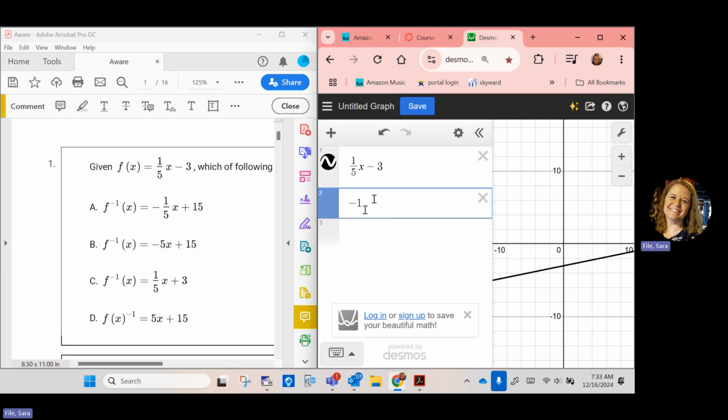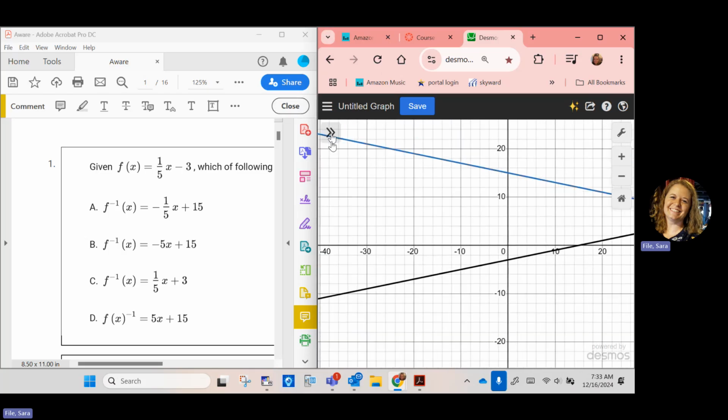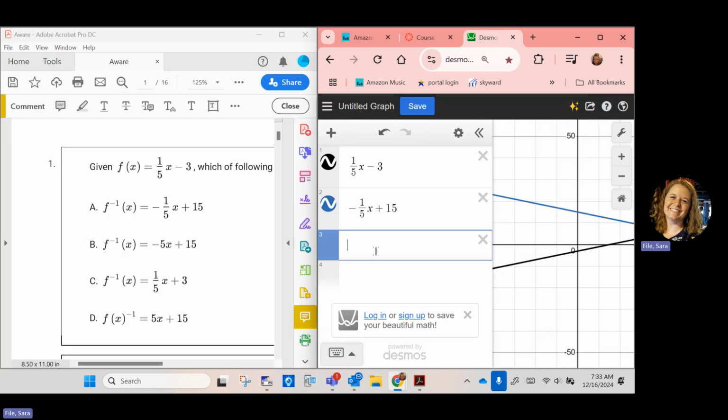So -1/5 x plus 15 is what this one says for A. I can zoom out here, and these should reflect across the line y equals x. So it's probably a good idea for us to put that line y equals x in there. I'm going to make it a red dashed line.